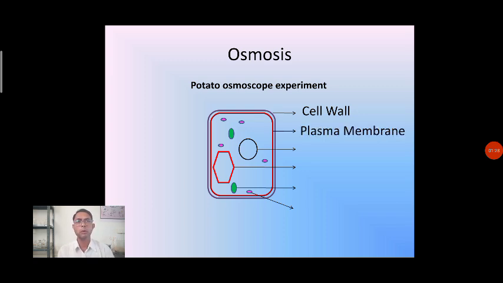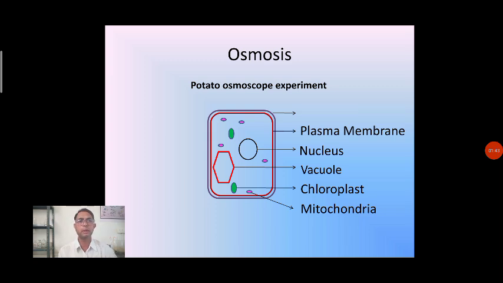So water molecules will move from one concentration to another, and that process is known as osmosis. Now in this process, the most important things are the cell wall and plasma membrane. These are the two most important regions, and water molecules get transported through them. The remaining organelles like the nucleus, vacuoles, chloroplast and mitochondria are only a little bit involved in osmosis.